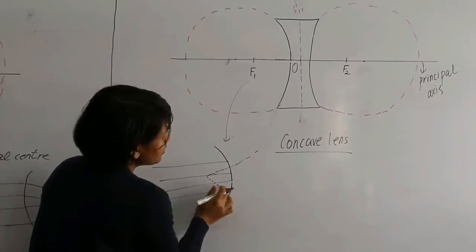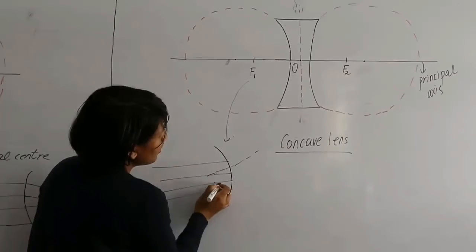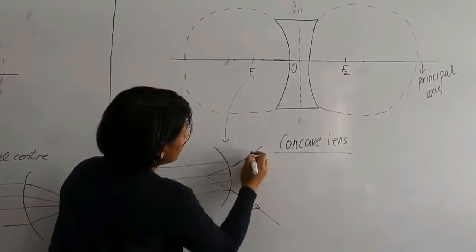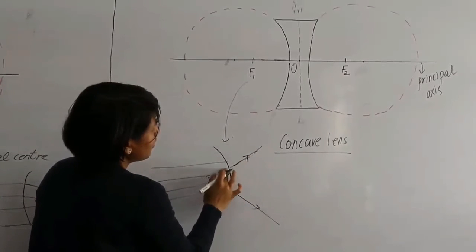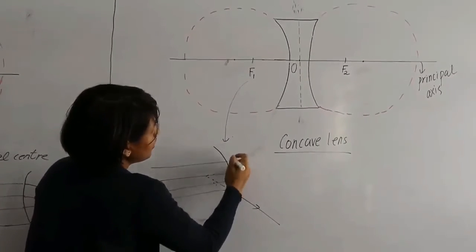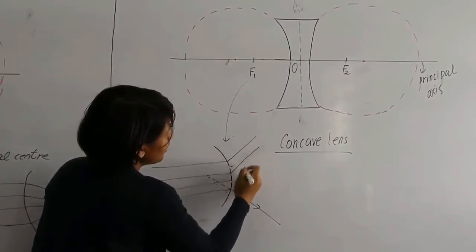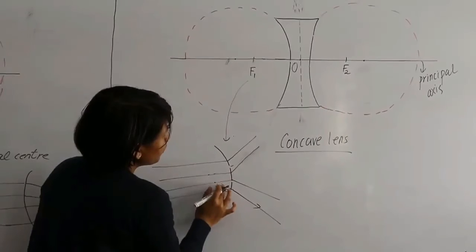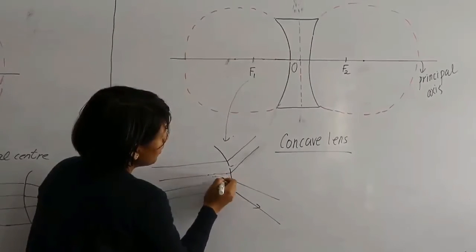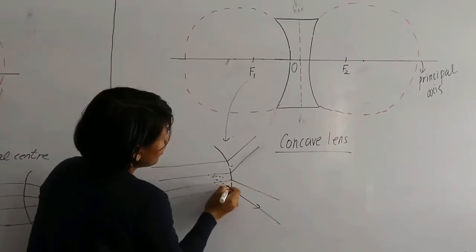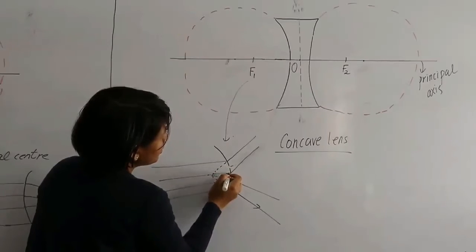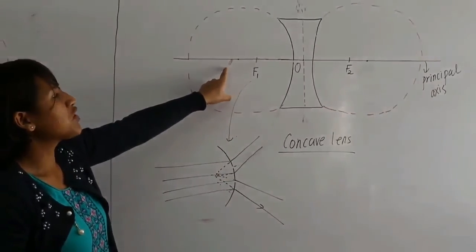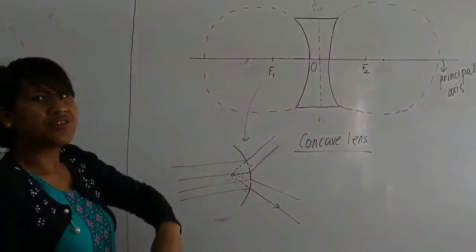Sorry, it should be this. All of them will seem to be coming from this point. This is the first principal focus of the concave lens.